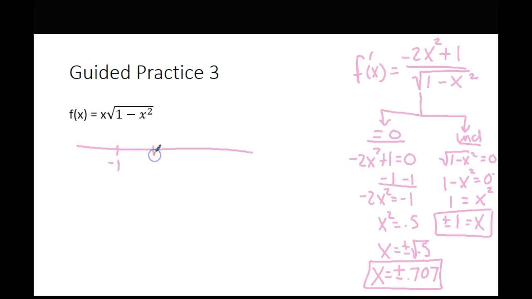I have negative 0.707. I've got positive 0.707. I've got 1. I've got infinity, negative infinity. And that gives me a total of 5 intervals that I need to test. Okay? So remember, at this point what we want to do is plug in numbers from these intervals into our derivatives.